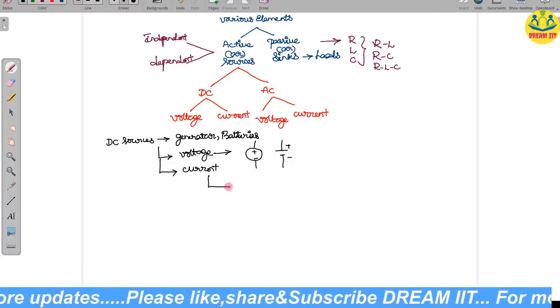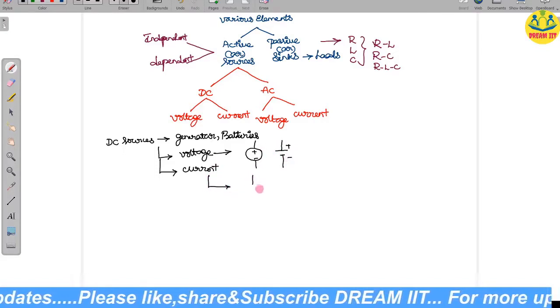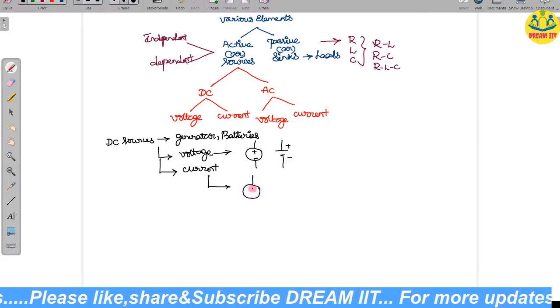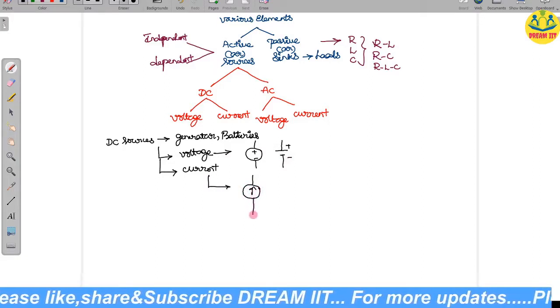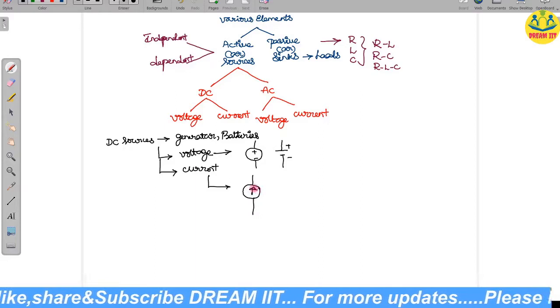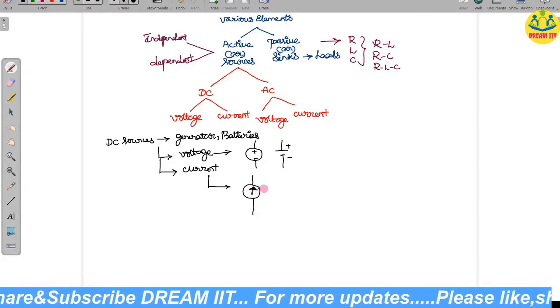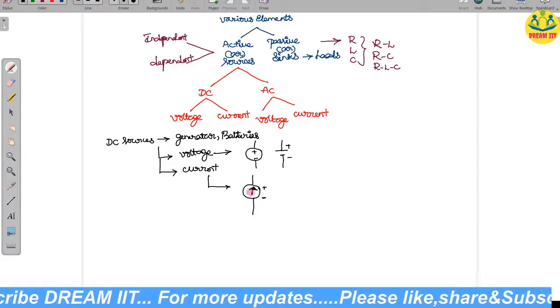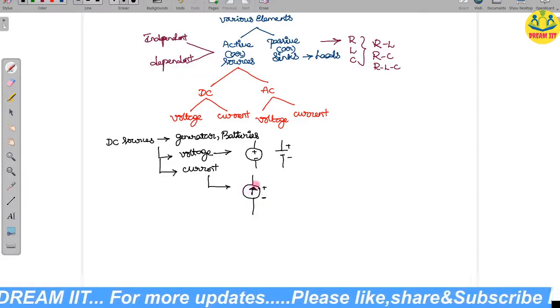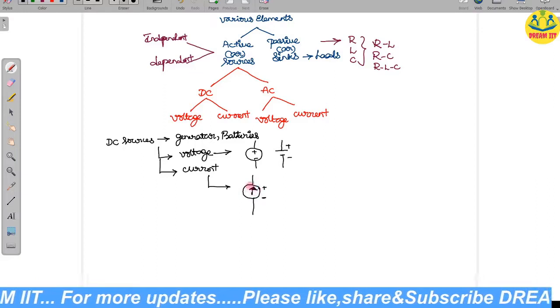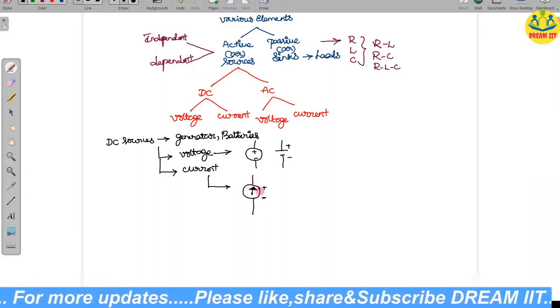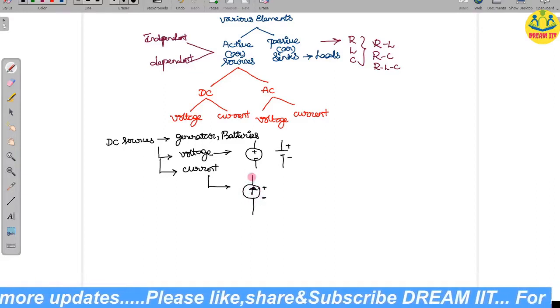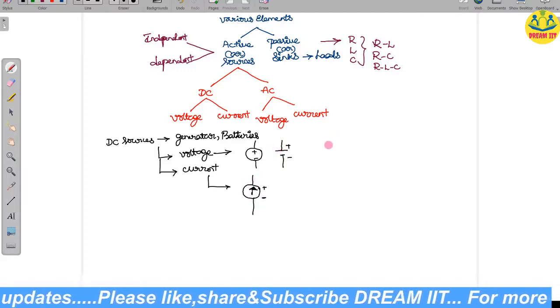For the current source, the representation is the same in AC sources as well as DC sources. This arrow mark indicates the plus sign, and below it is the minus sign. You remember, this is a very important concept. This is the representation of the DC sources.